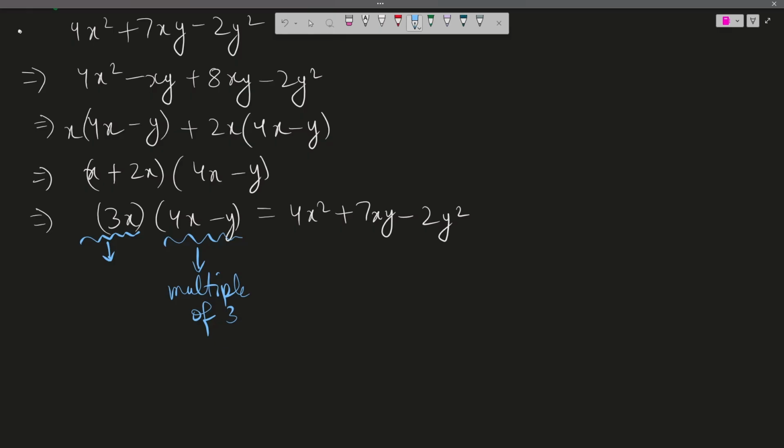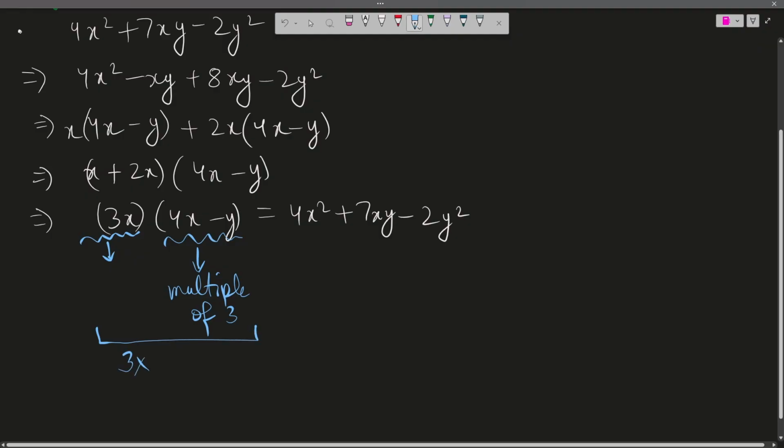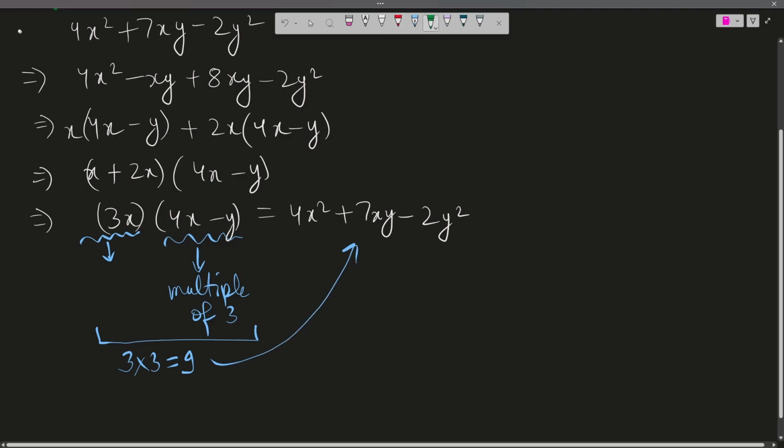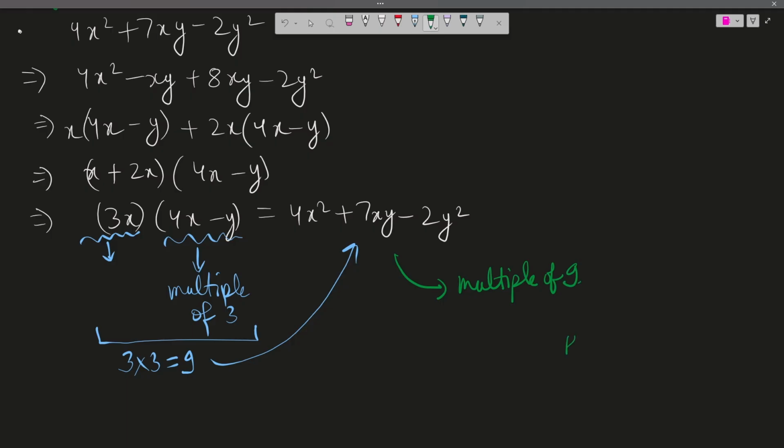So we can say that this whole number will be a multiple of 9. Hence 4x square plus 7xy minus 2y square will be a multiple of 9, right?